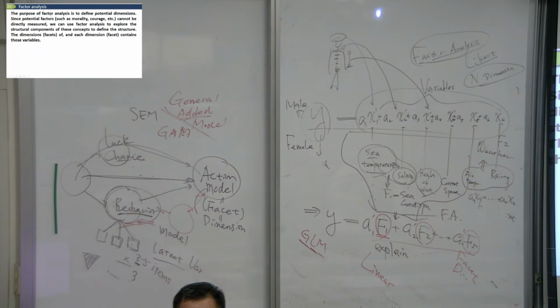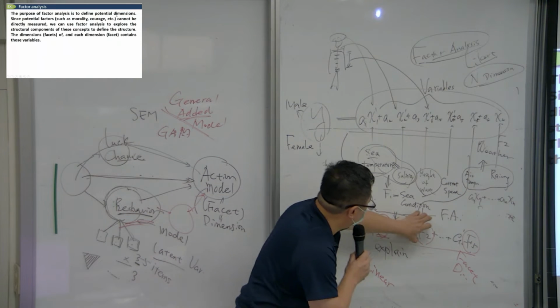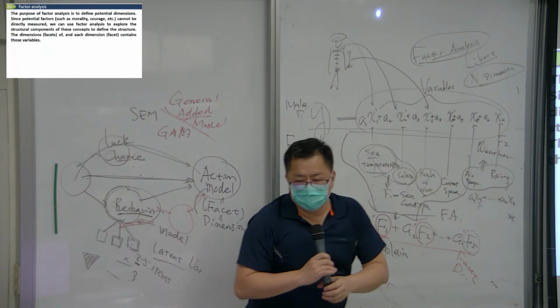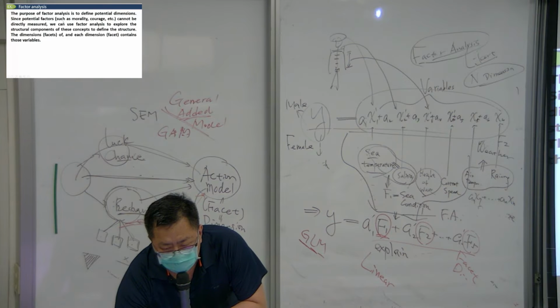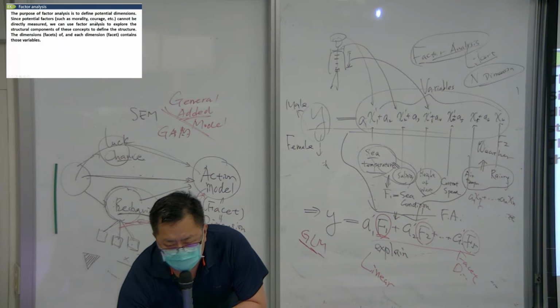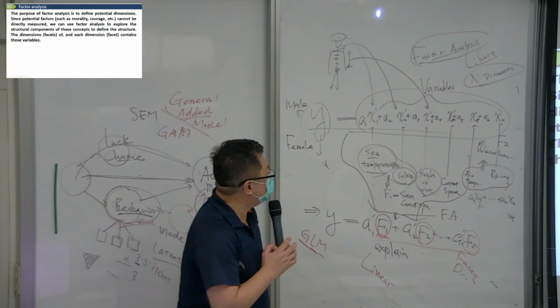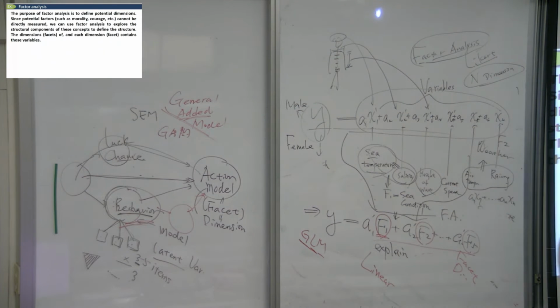The purpose of factor analysis is to define the potential dimension. This is what I call a potential dimension, okay? Potential factors such as morality, courage are imagined variables, okay?